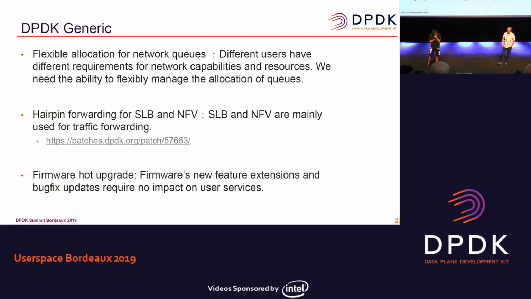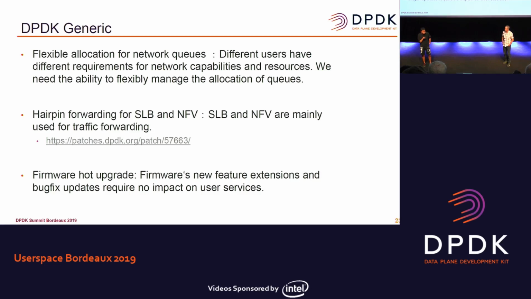And the third is the firmware hot upgrade. This story is that we always need to upgrade our application, and this will cause that we should do a DPDK version upgrade at the same time. For example, today we use the DPDK version 17.11. Maybe tomorrow we want to upgrade it to 18.11.